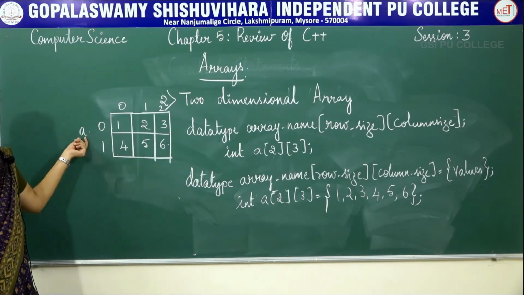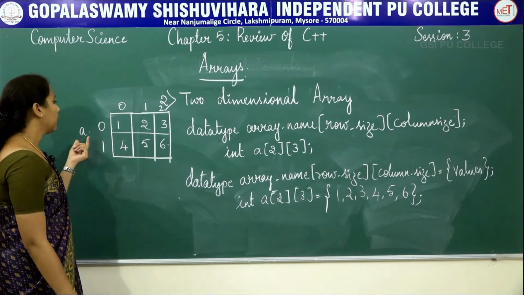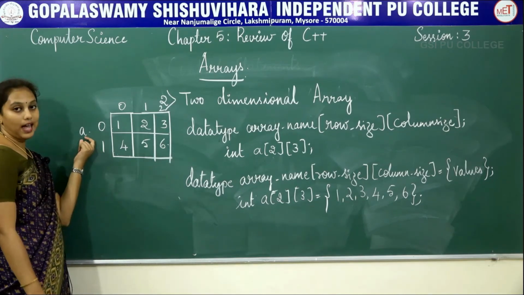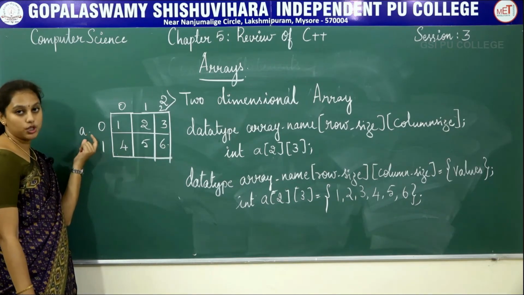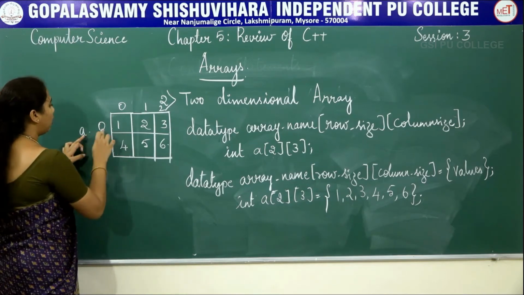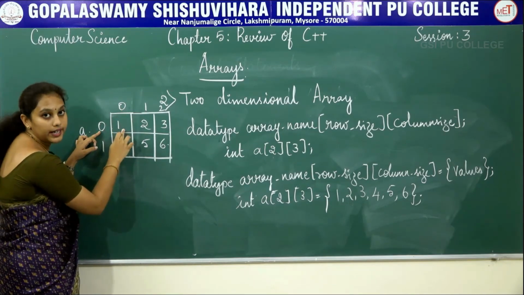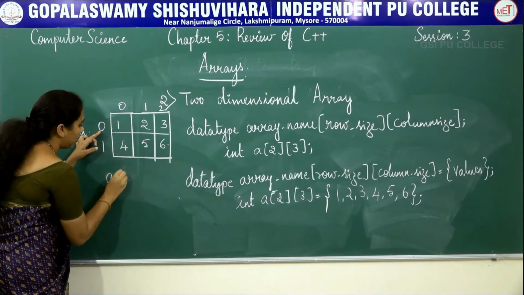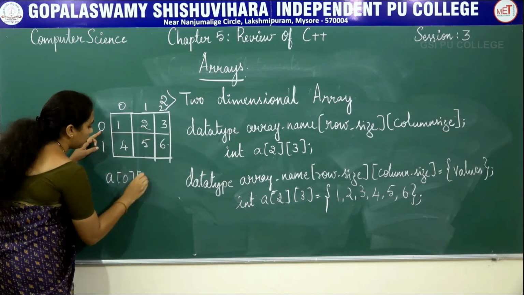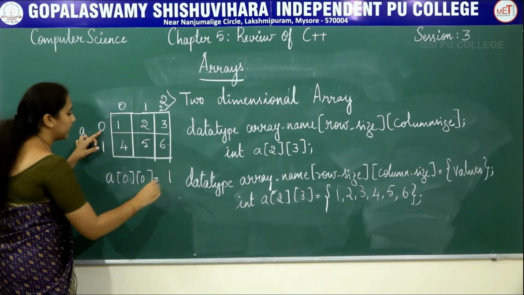The name of the array is A here. How can I access the elements? A of 0, 0 contains 1.